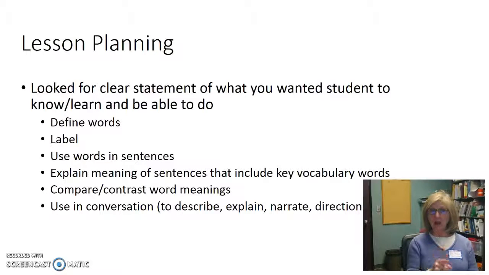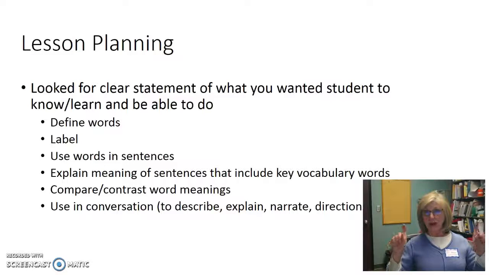Maybe an objective might be to use the words in sentences. And that begins to work the word into a larger context, not just the association. That would be at the level of syntax and meaning, understanding how to use the word in a sentence. Another might be for them to read sentences.